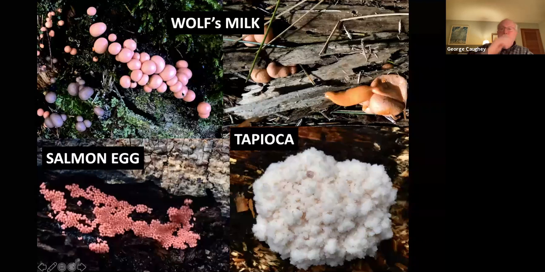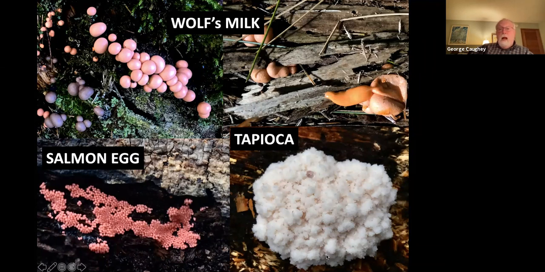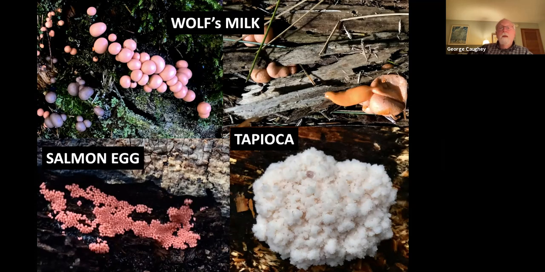Another slime mold. Salmon egg slime mold. This is tapioca slime. Aptly named, I think. It sort of looks like it could be a mushroom, but then if you follow it, it has a very different life cycle. So with that, I think I will end.